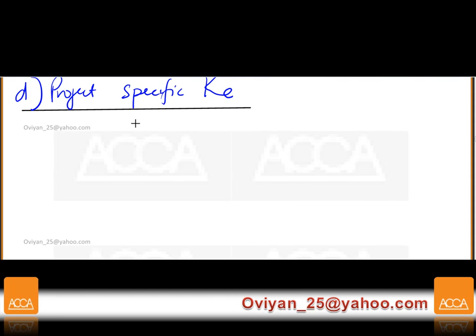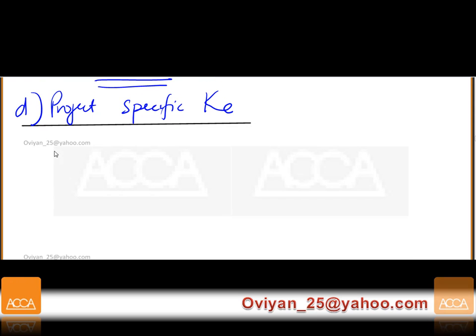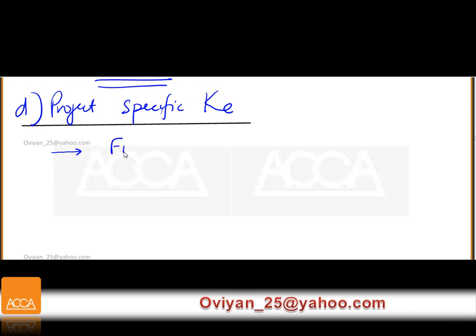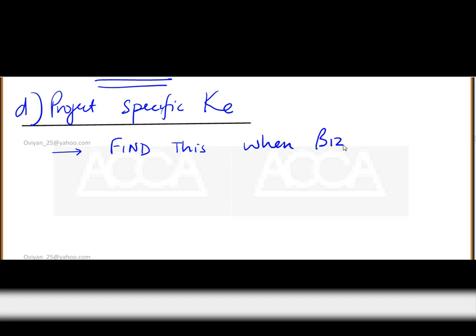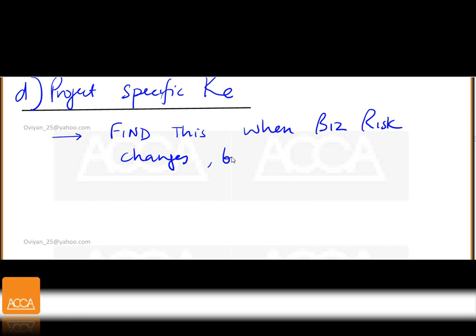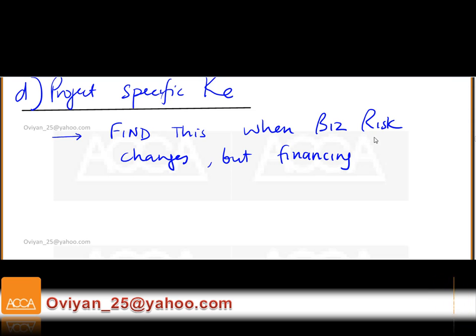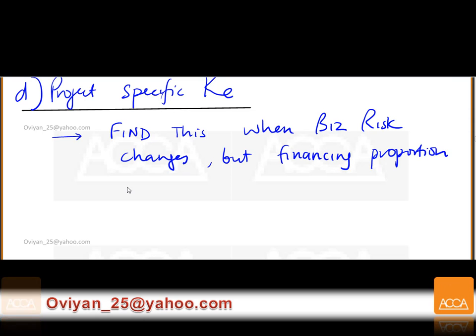All right, the project specific cost of equity is going to be found when business risk changes, but financing proportion does not change.